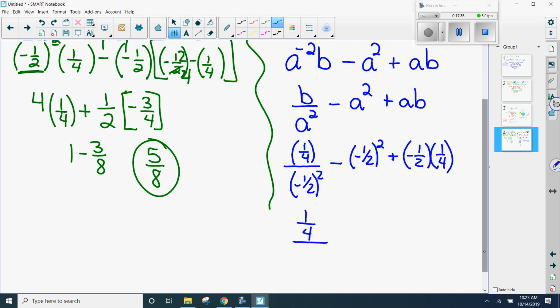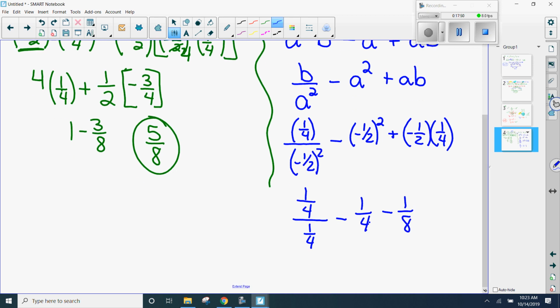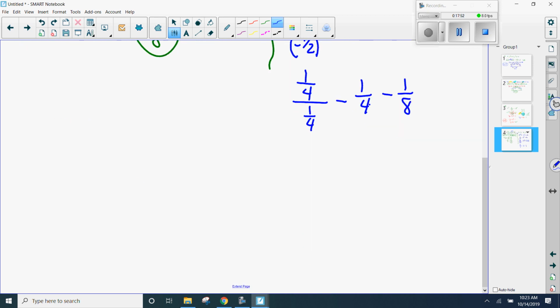What's negative 1/2 squared? 1/4. 1/4 minus negative 1/2 squared is 1/4, and if you multiply, you get negative 1/8. So now if you solve, what's 1/4 divided by 1/4? 1. So you have 1 minus 1/4, which is the same thing as 2/8 minus 1/8, and you get 1 minus 3/8, which is 5/8.